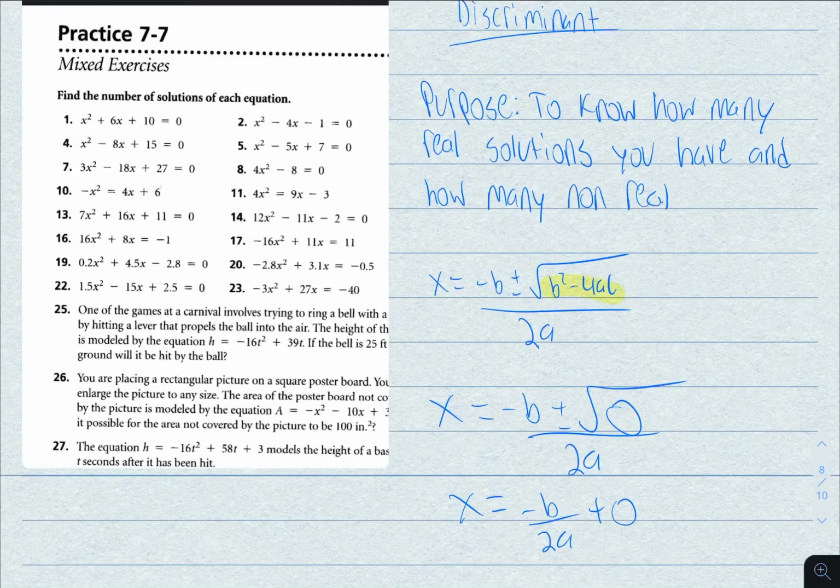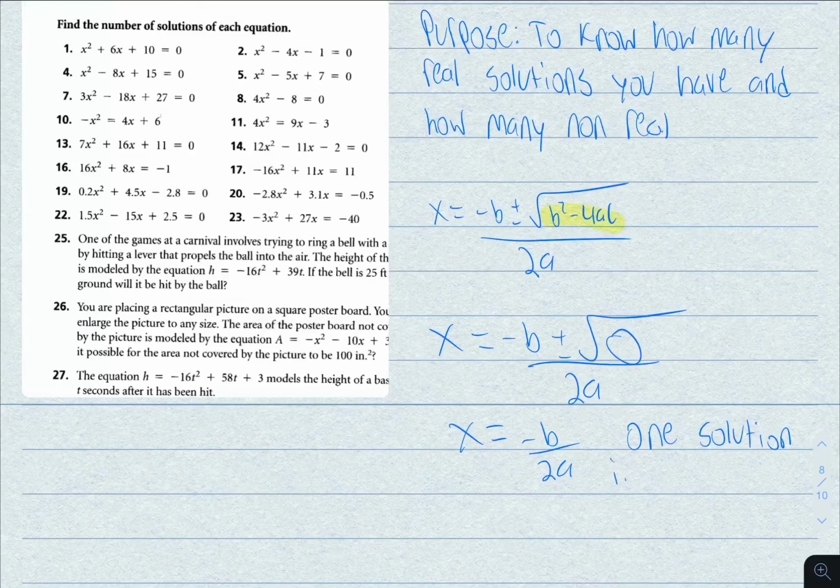And if we're adding 0, it's like we didn't do anything. So if what's under the square root turns out to be 0, then that means we have one solution. We have one solution if b squared minus 4ac is equal to 0.